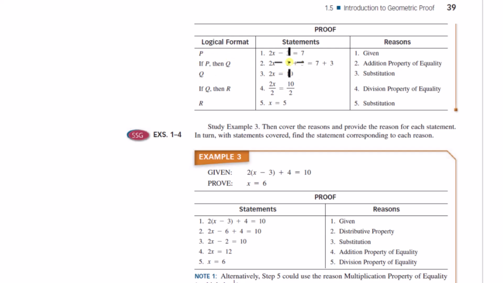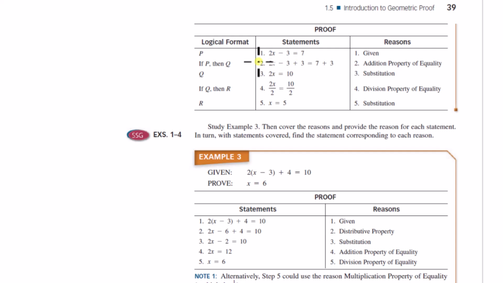So given this, 2x minus 3 is equal to 7, I want to prove to you that if this is the case, then x must equal 5. Now I can add the same thing to both sides.